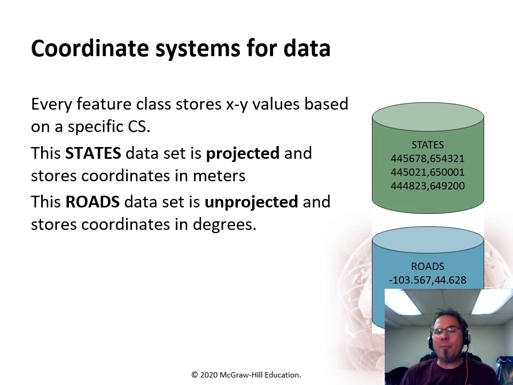So every piece of data that comes into GIS has to have what's called a coordinate system label. When you look at where the data is sitting in your map and you roll your mouse around, you can see the coordinate system as you move around. If you see these big weird numbers like this, that means it's already been projected onto a two-dimensional plane. You don't have to memorize any of that.